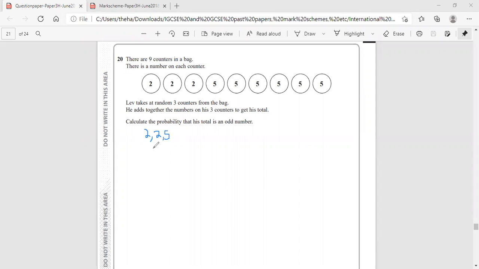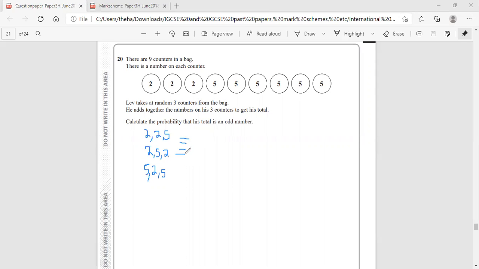Okay. So basically what we can do is have 5 in each space. Then we're going to have 5 here. 5 times 2 times 5. So what's going to happen here is we're going to work out the probabilities of this happening.